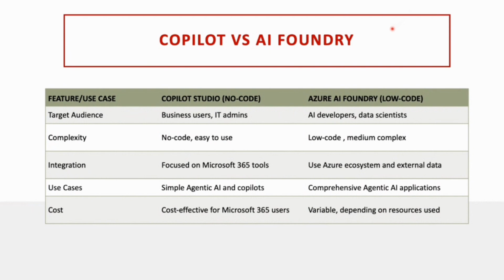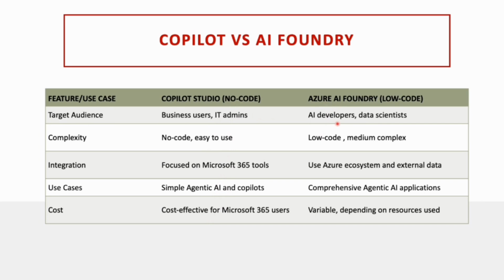So how does AI Foundry compare with Copilot? Copilot Studio, as we said, is a no-code solution mainly designed for business users and IT admins to create a quick no-code solution without having to know a lot about AI and agentic AI. It's very cost-effective and it doesn't require any Azure accounts. On the other hand, Azure AI Foundry is mainly for AI developers and data scientists.